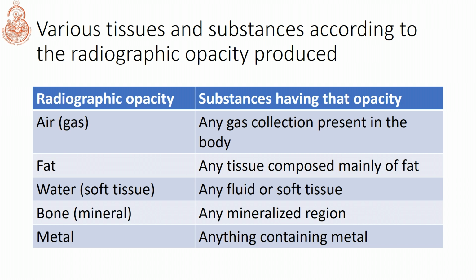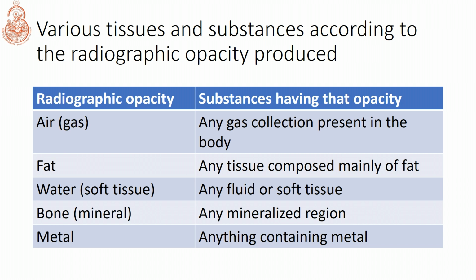Fat can be more towards the darker side, and it can be due to any tissue that is composed mainly of fat. Water and soft tissue have a similar opacity, and this would be more towards whitish in color, and this can be due to presence of any fluid or soft tissues like muscle or the internal organs.